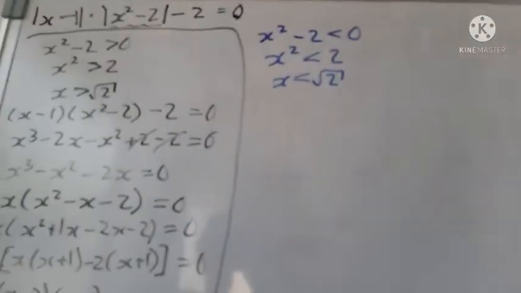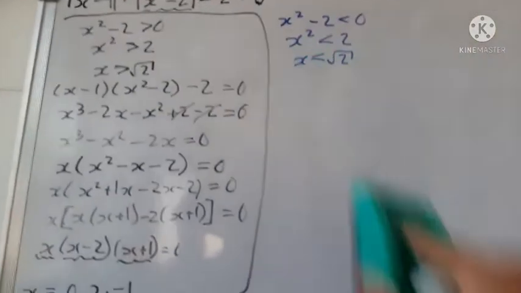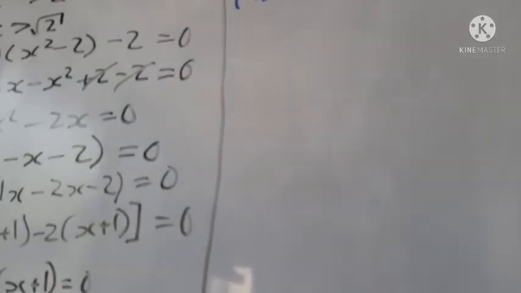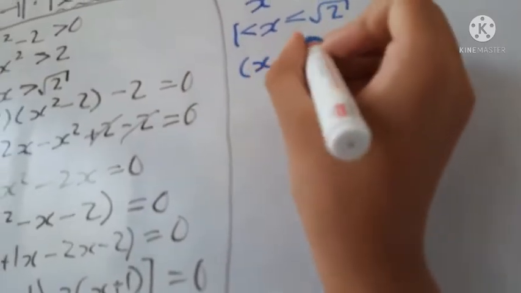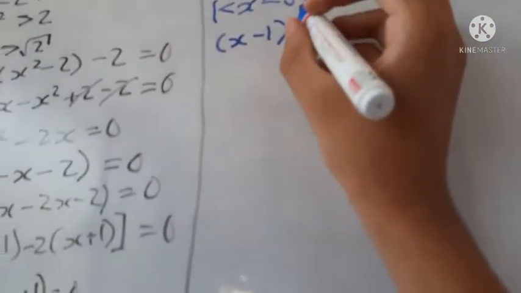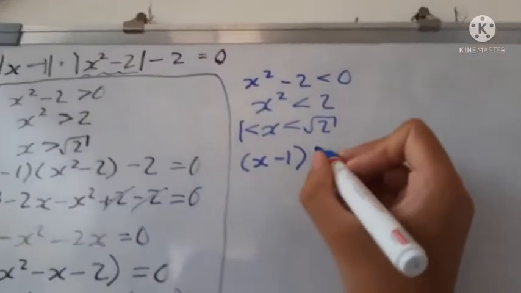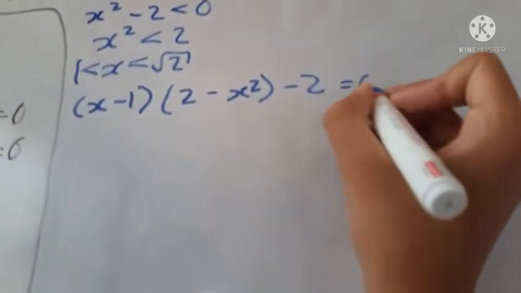Firstly, we'll just assume that x is also greater than 1, for now, just so that we can write this as it is. And I just want to make a point. Now, because this is negative, it just flips around. So we get 2 minus x squared minus 2 is equal to 0.